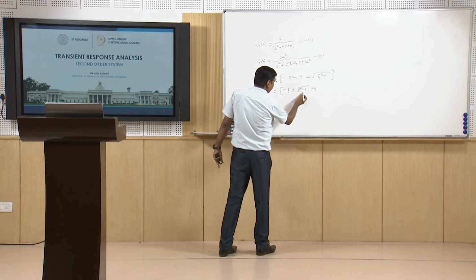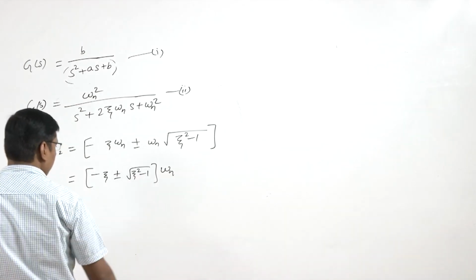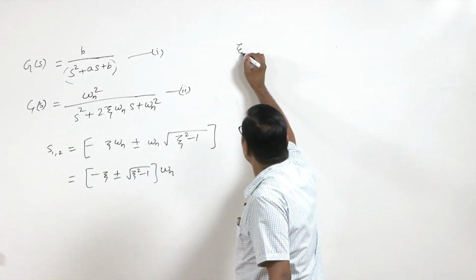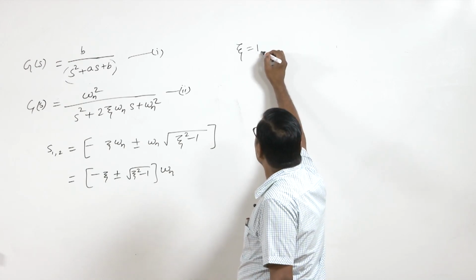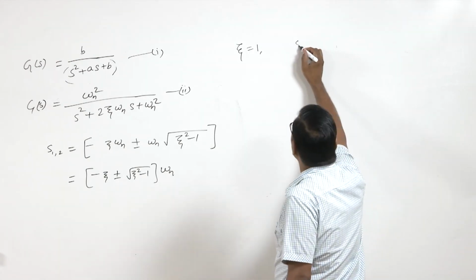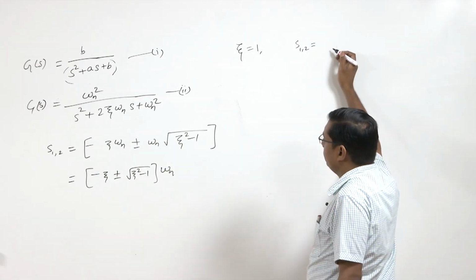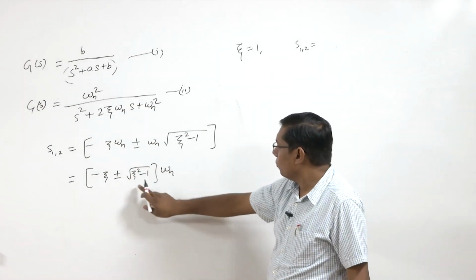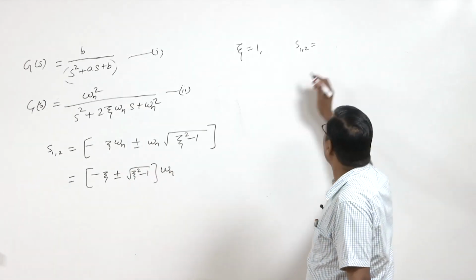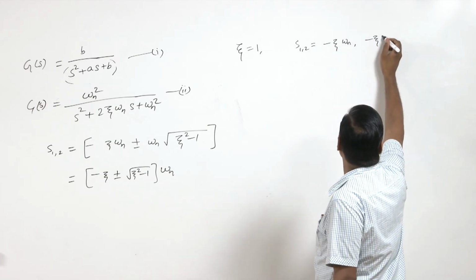And now we can see the cases inside. So if zeta equal to 1, we will have S1,2 equal to, so if zeta equal to 1, this root term is 0, so we will have minus zeta omega n and minus zeta omega n.